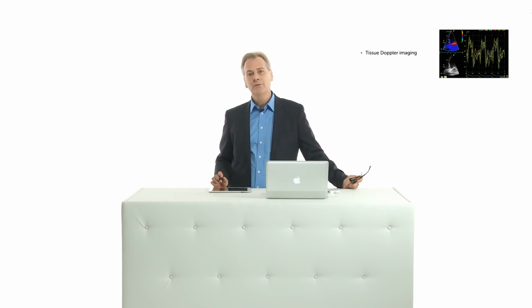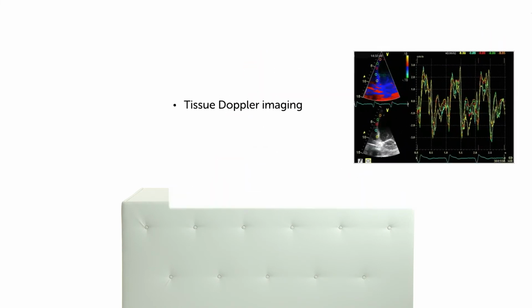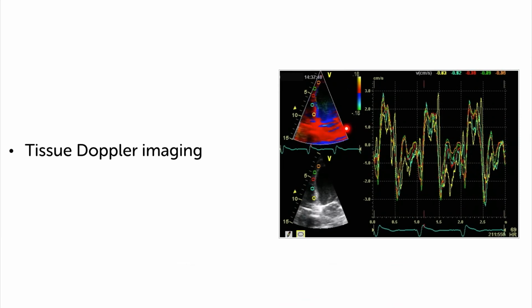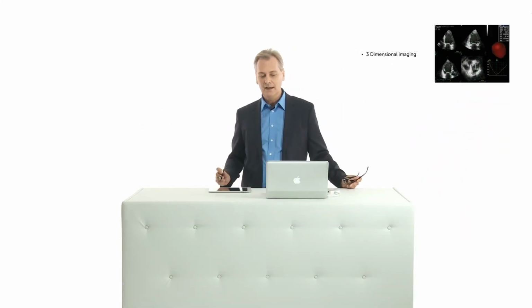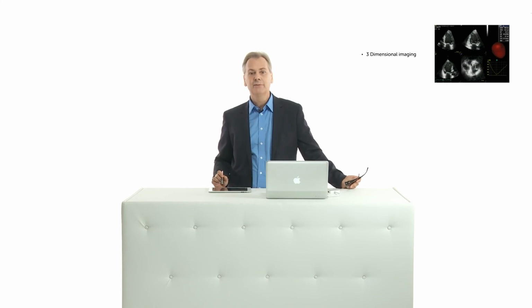Tissue Doppler, something which is rarely used, but which is still something that can be used for specific situations. What do you do here? You track the motion of the myocardium, and you can draw little curves that represent the motion of the myocardium in specific regions, and thereby you can calculate all sorts of parameters which allow you to look at deformation of the myocardium. Finally, three-dimensional imaging.